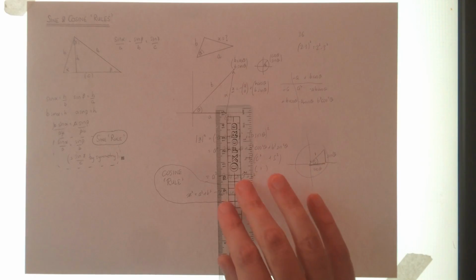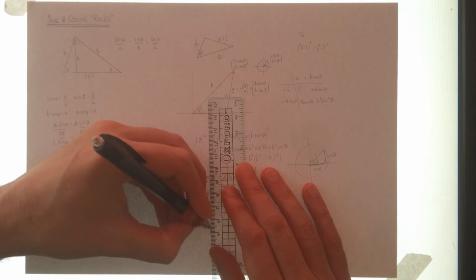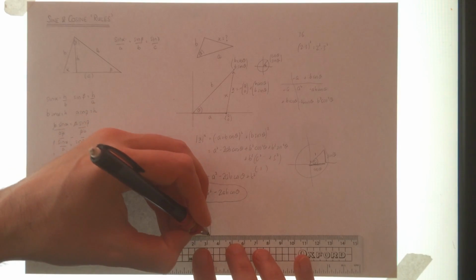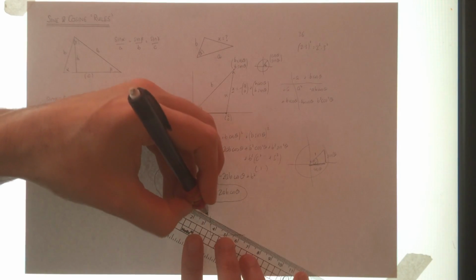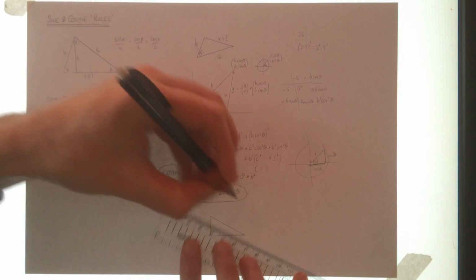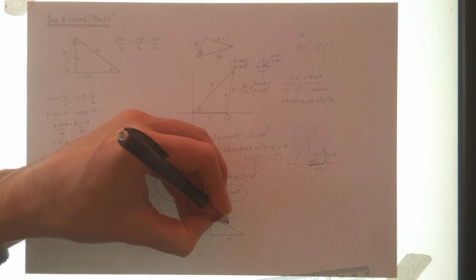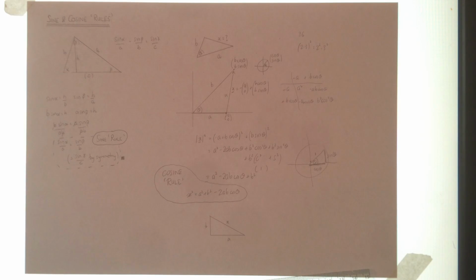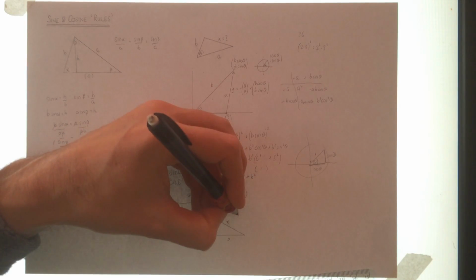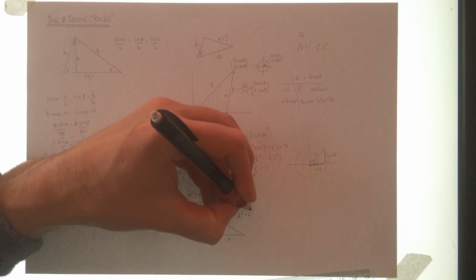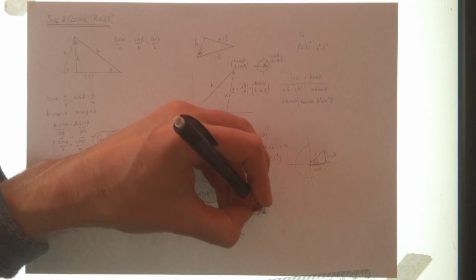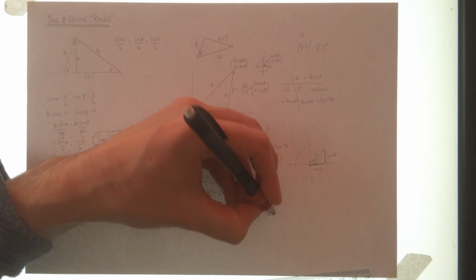What happens when theta is 90 degrees? A, B, x. Well, it's going to be x squared equals a squared plus b squared minus 2ab.